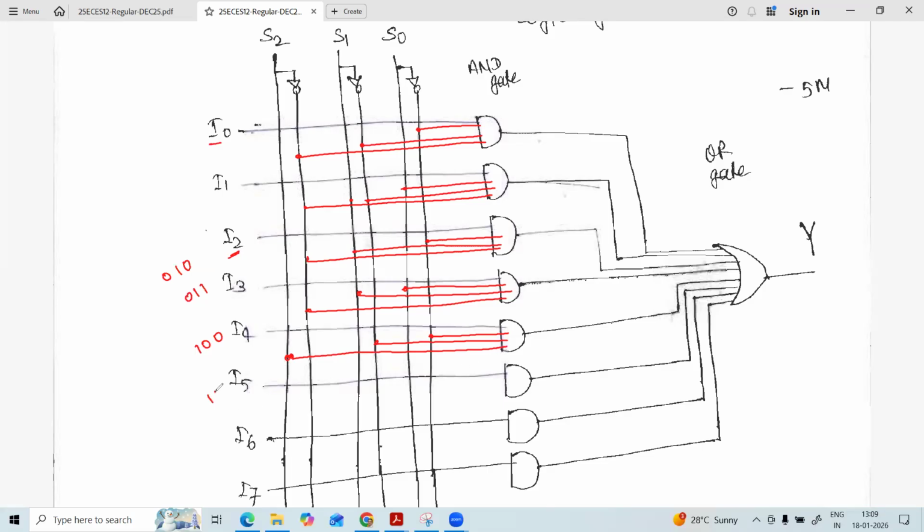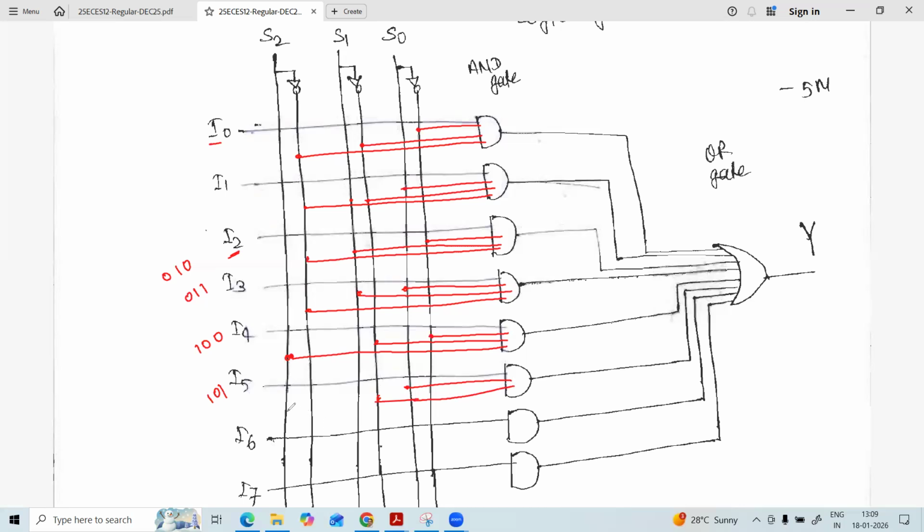I5 is 101, so S0 is without complement and S1 is with complement. Like this, we have to go for all the other combinations.